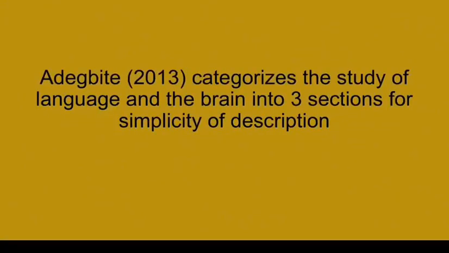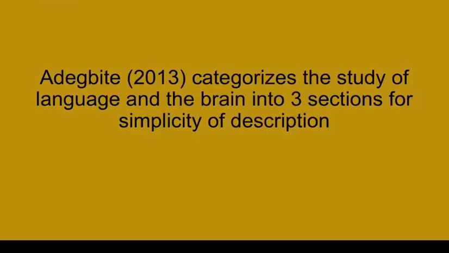So we'll skip all the others, language learning, acquisition, all of that. Our focus in this teaching is on language and the brain. Still on Adigbite 2013, he categorizes the study of language and the brain into three sections for the purpose of simplicity of description.